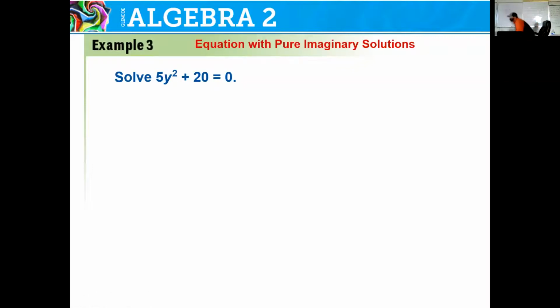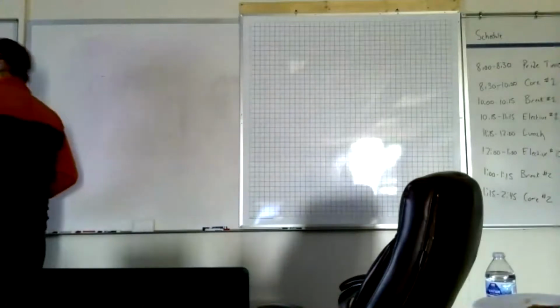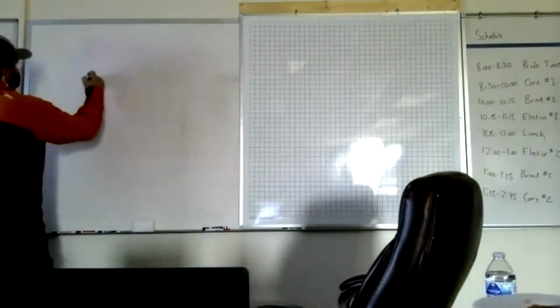Here, we're solving for y. We'd solve it just like any other equation. We're given 5y squared plus 20 is equal to 0. Just thinking about this, we know we're going to end up with a negative square root, because we're going to subtract 20 and divide by 5.